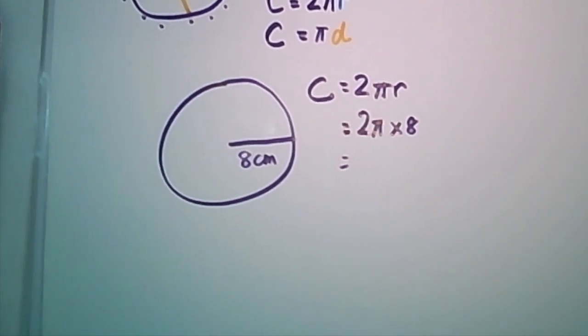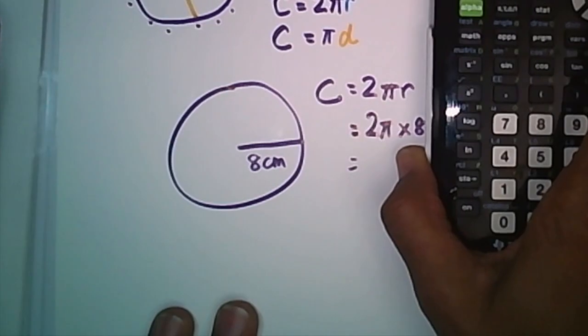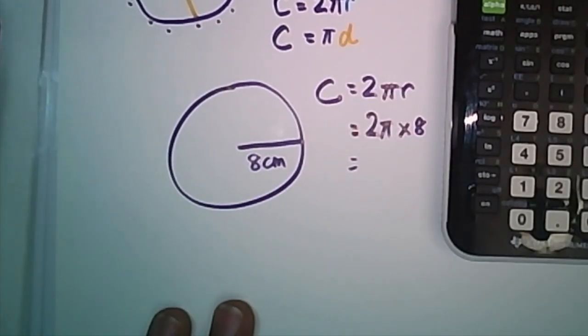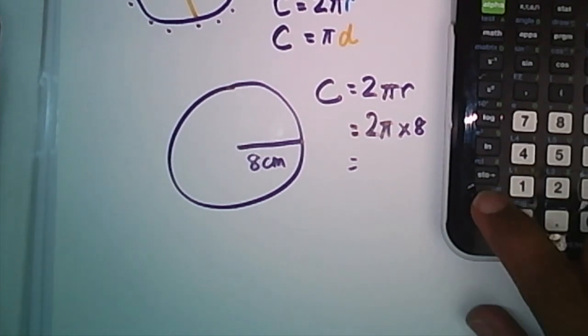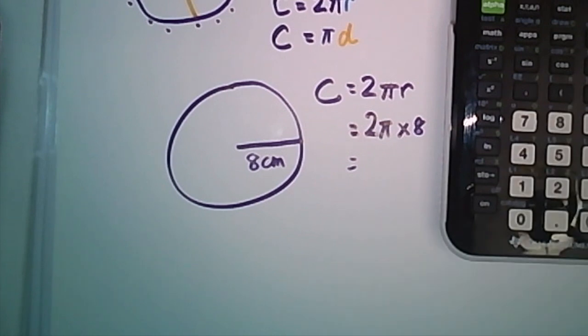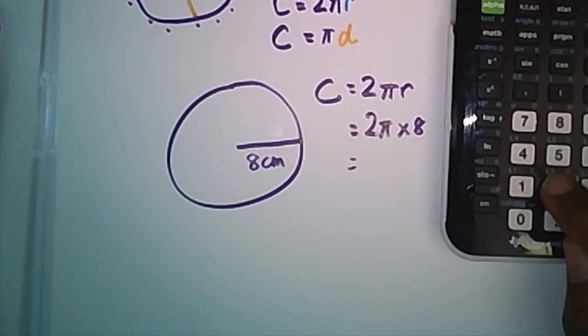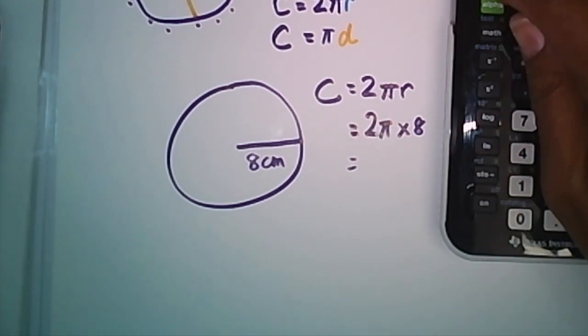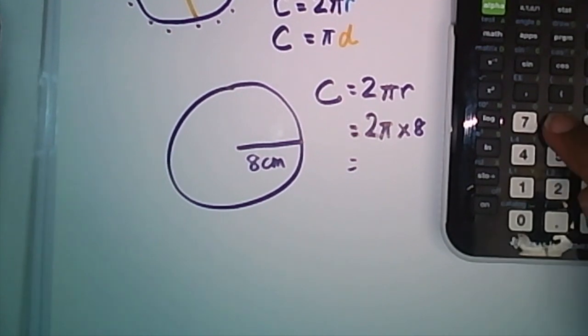Now, when you take a look at your calculator, I'm just going to put it here on the side. On my calculator, the value of pi is embedded in the second function right there at the tip of my pen. So to access it, I'm going to clear my calculator. I'm going to say 2 times second function pi times the value for my radius, which was 8.